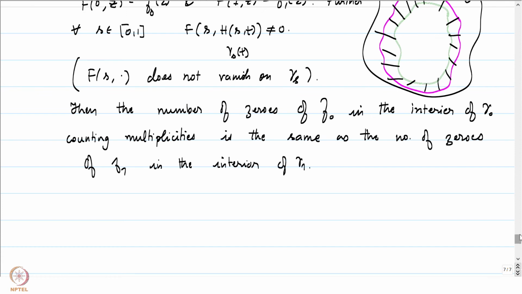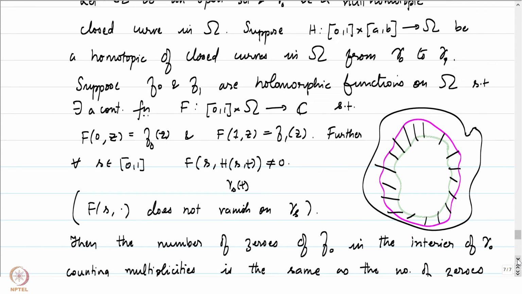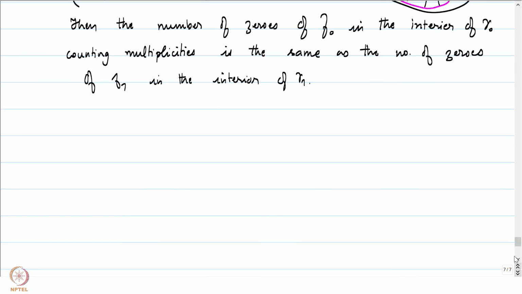Notice that the only assumption was about gamma_0, and gamma_0 was assumed to be a null homotopic curve. Because it is an equivalence relation, gamma_1 is also going to be a null homotopic curve, and the interior of gamma_1 is going to be defined in exactly a similar manner. As of now, we have not proved the Jordan curve theorem, so the interior does not make sense if I do not make it precise. The definition of the interior right now is by considering the homotopy, looking at its image, and that is what is going to be the interior.